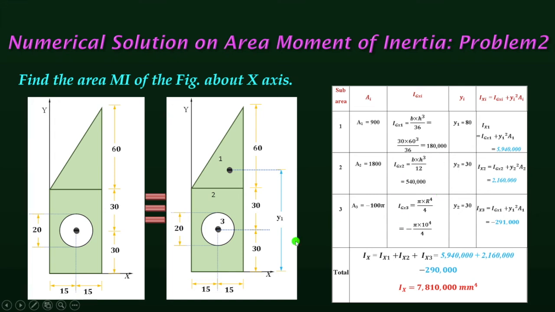That's why we choose a standard reference axis, that is x, and about x we are calculating the individual area moment of inertia. For section 1 it is Ix1, for section 2 Ix2, and for section 3 Ix3. And as it is additive and this area is negative, this moment of inertia is also negative.